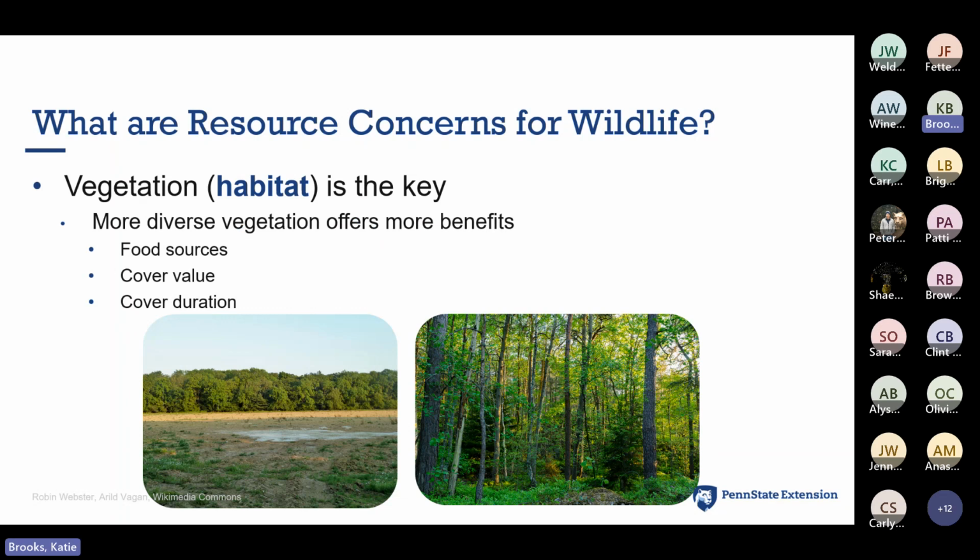So when we're talking about wildlife, vegetation, or what we call habitat, is the key. So this is the food and cover, and protection from predation as well. A lot of our wildlife practices focus on habitat. So my personal background, I went to Penn State to get my undergrad in wildlife and fisheries science.